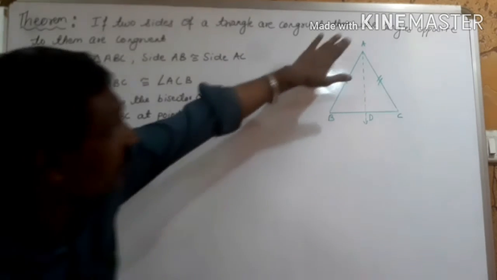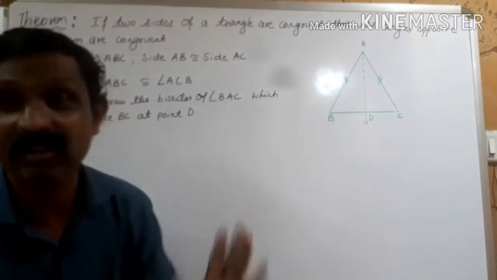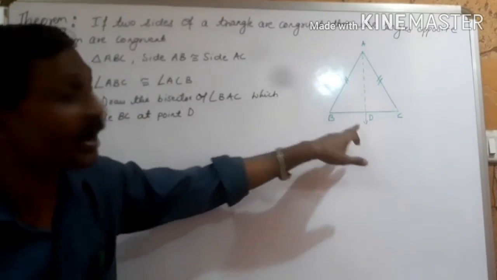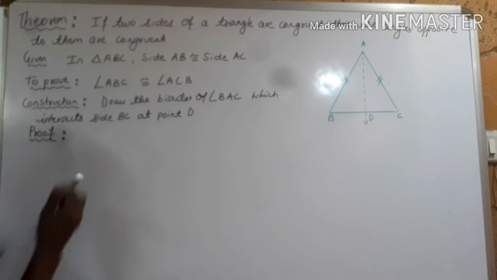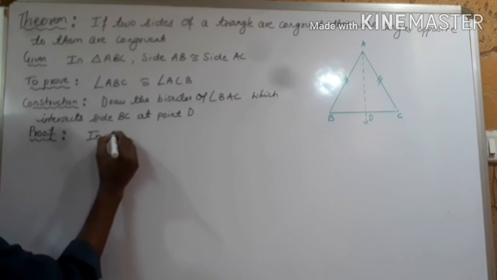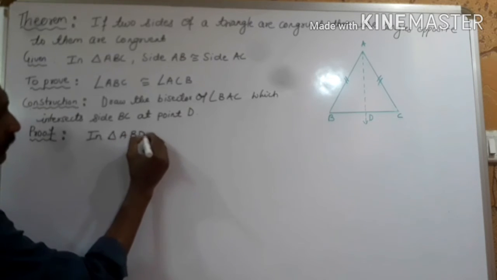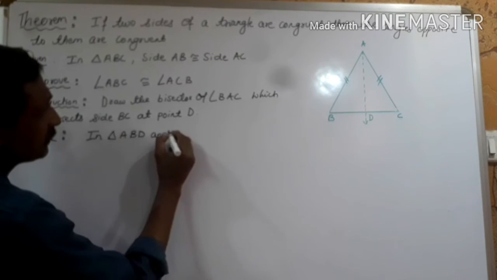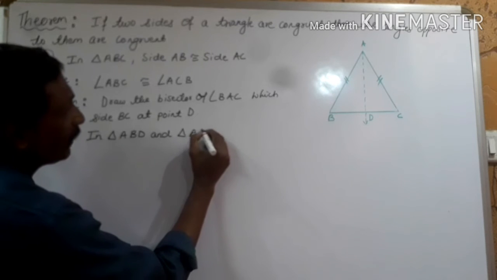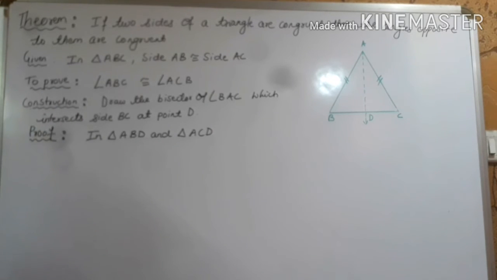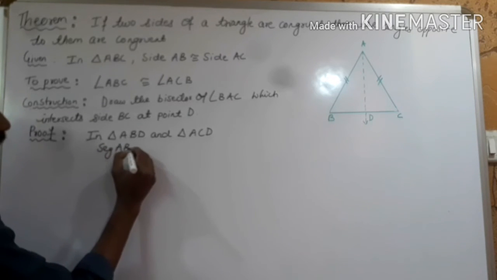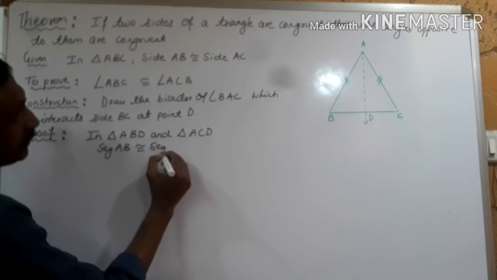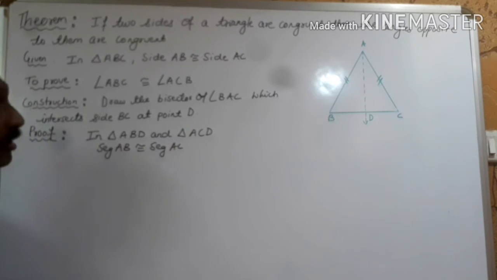Now after drawing this angle bisector, we got two triangles over here, right? In triangle ABD and triangle ACD. Segment AB congruent to segment AC. From where did we get this? Given.